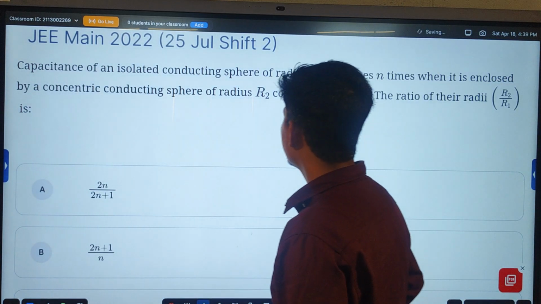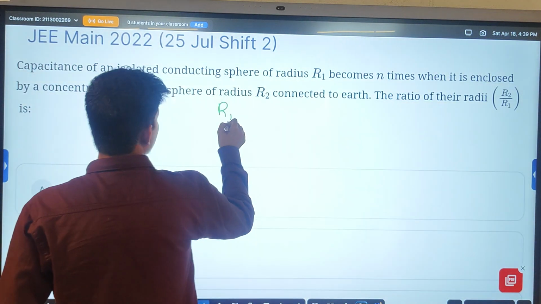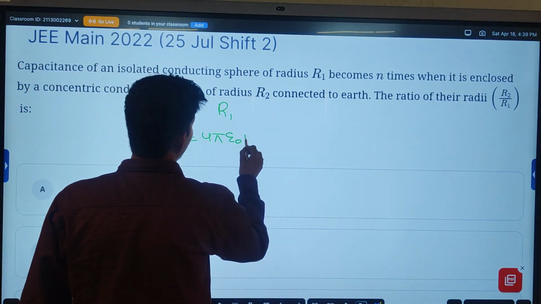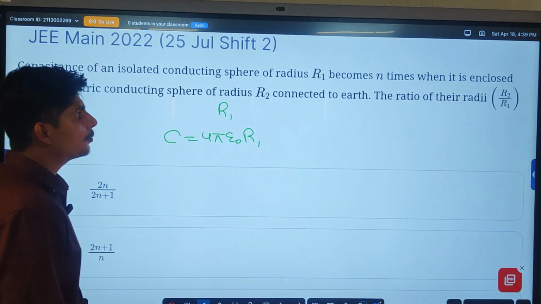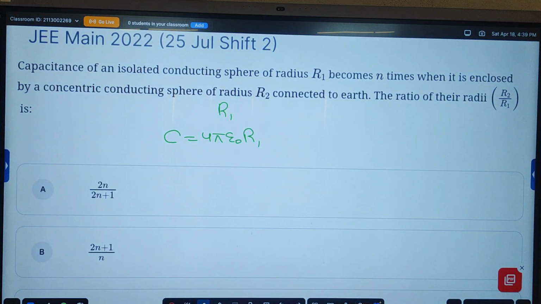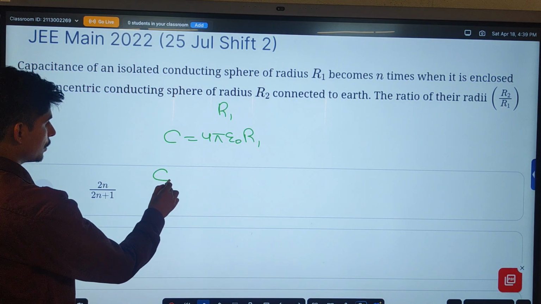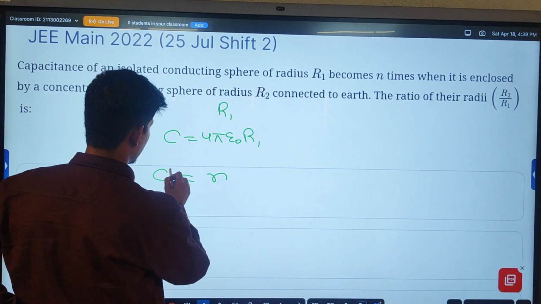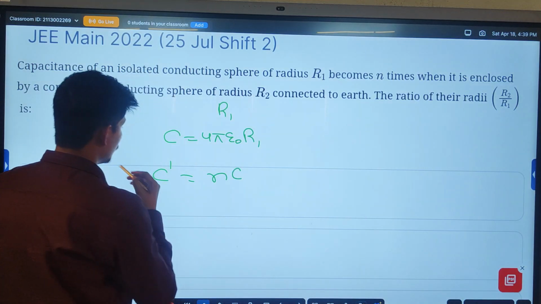Okay, so we know that for r1, the capacitance is equal to 4 pi epsilon naught r1. It becomes n times when it is enclosed by a concentric conducting sphere of radius r2. So the new capacitance C dash is n times C.